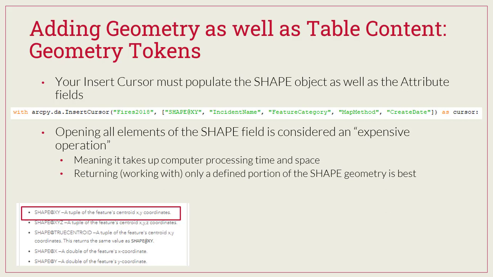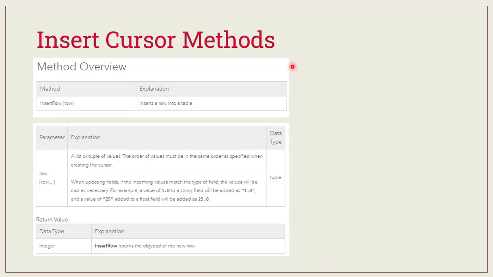So also with insert cursor, just like you've seen with search cursor and also update cursor, it has a series of methods that are available to it. Actually, there's only one method here for insert cursor that's available, and it's the insert row method, and very clearly it inserts a row into the table. So you can see that it has one parameter here.